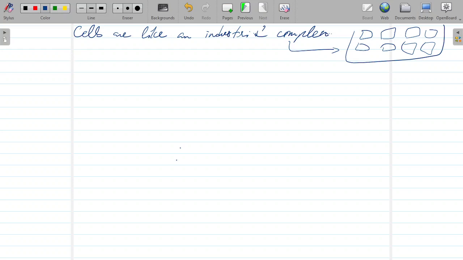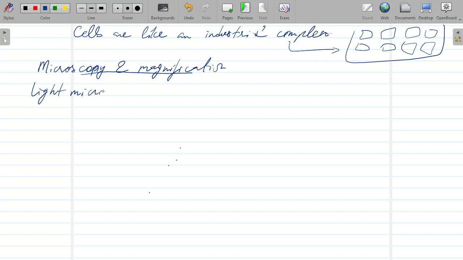Now, before I talk about what cells are made up of, I want to go to magnification and microscopy first. So the light microscope was the first that was invented, and it's a pretty simple thing.